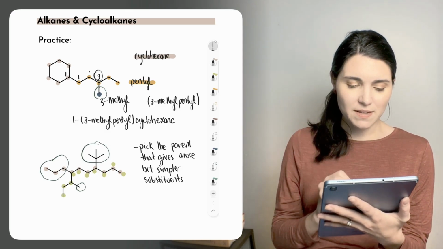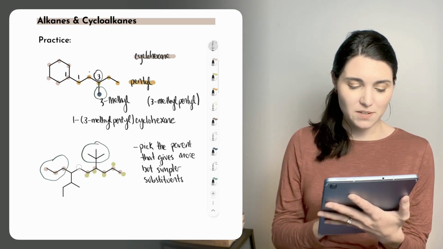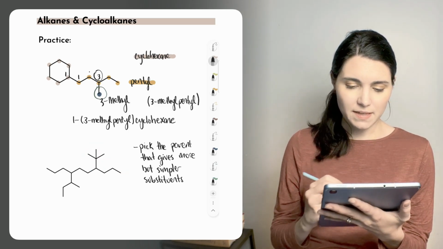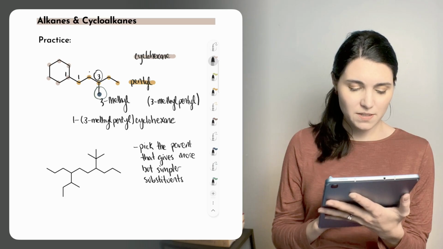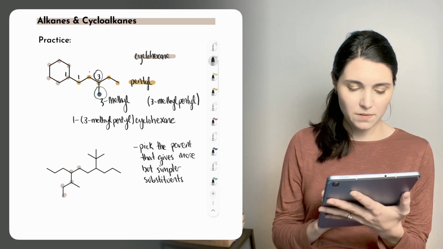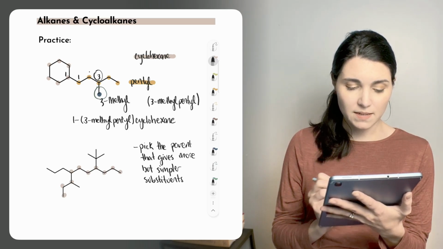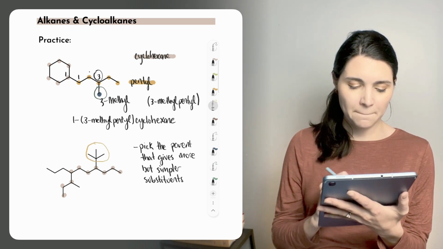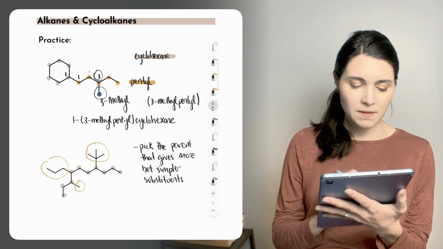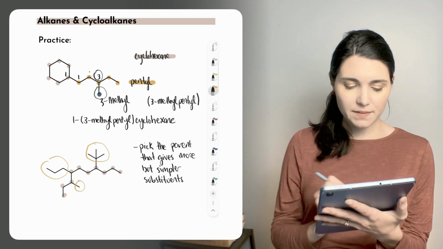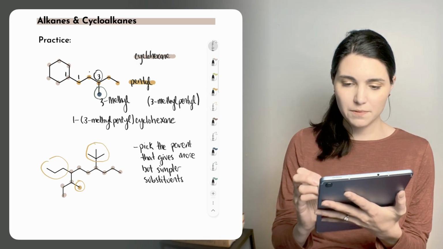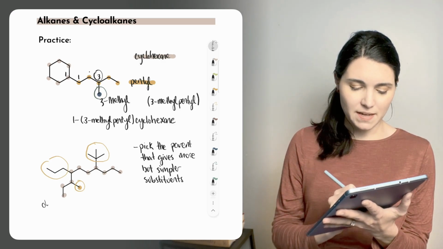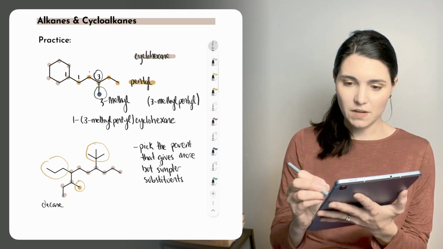So I'm just going to erase everything on the molecule and start again just so we can be really clear about what we're talking about. So let's highlight the parent structure in pink again. 1, 2, 3, 4, 5, 6, 7, 8, 9, 10. So there's our parent. Now I will circle all our substituents. There's 1, 2, and 3. So this is a methyl group. Oh, I forgot to write down our parent structure name. It's decane for 10 carbons.